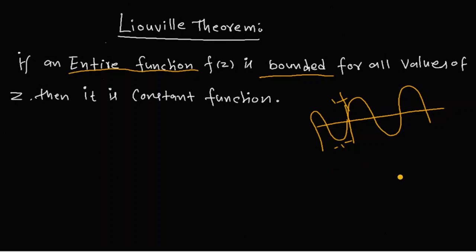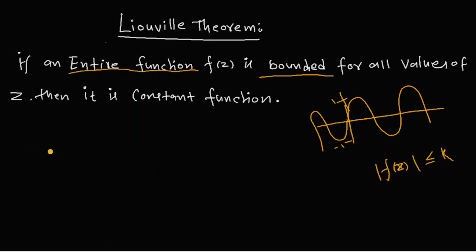And we can denote the bounded function as, suppose f of z is bounded, so we can write mod of f of z less than or equal to suppose any integer k. It means f of z lies between -k to +k, k is any integer. So this is a basic definition of bounded function and entire function.